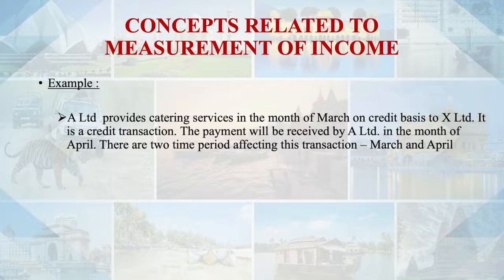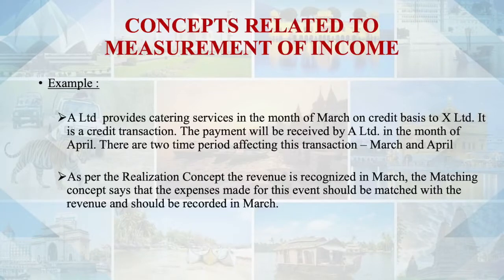Now, the matching concept says that when the income is being considered as realized in the month of March, as per the realization concept, the expenses related to that income should also be recorded in the month of March. So you cannot say that income will be recorded in March and you are going to record the expenses in the month of April.